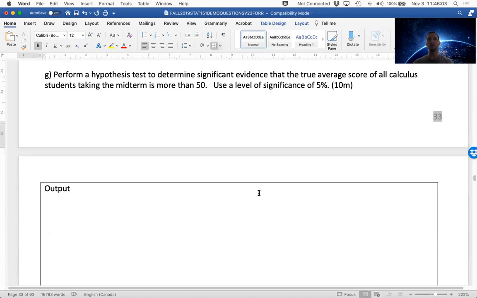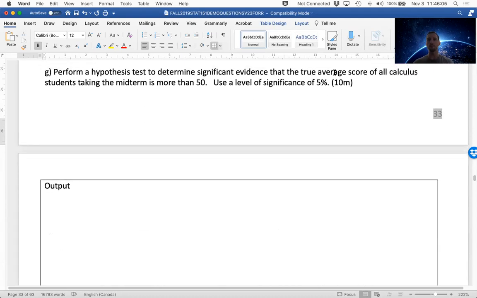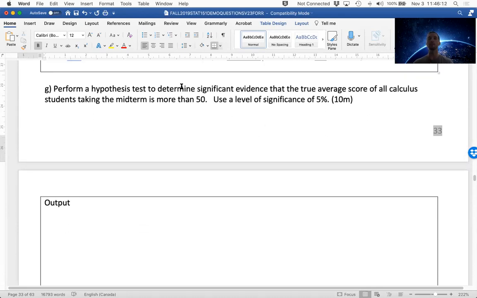Perform a hypothesis test to determine if there is significant evidence that the true average score of all calculus students taking the midterm is more than 50. Okay, so here we have a little bit of diversity in the question. We have to perform a test to determine if the true average score of all calculus students is more than 50.